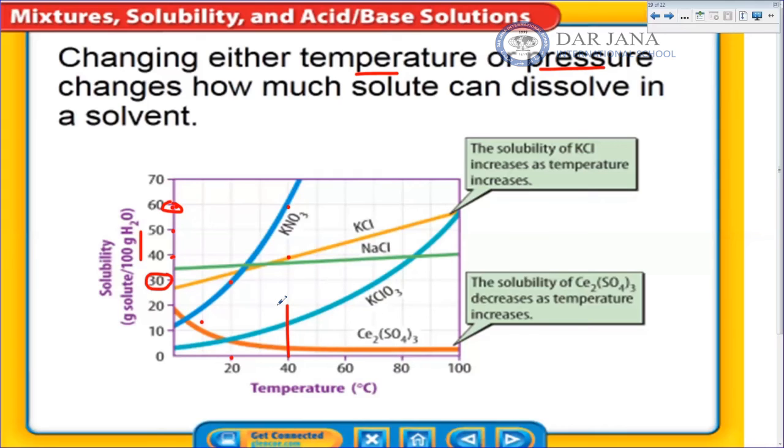Also, if you want to take pressure into consideration, if pressure increases, the solubility of a gas will increase. So pressure affects the solubility of a gas positively, because when it increases, the solubility of a gas increases, while when temperature increases, the solubility of a gas decreases.